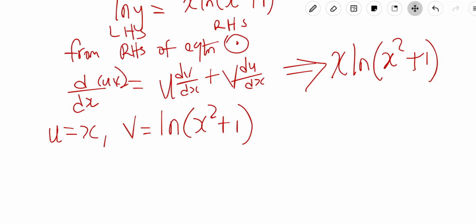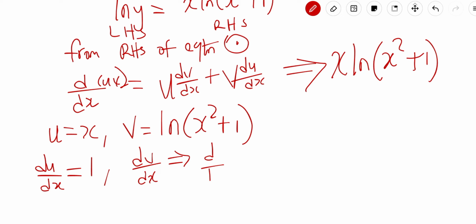Our u is equal to x, therefore du/dx, that's differentiating u with respect to x, is going to be 1, and then we differentiate v with respect to x.